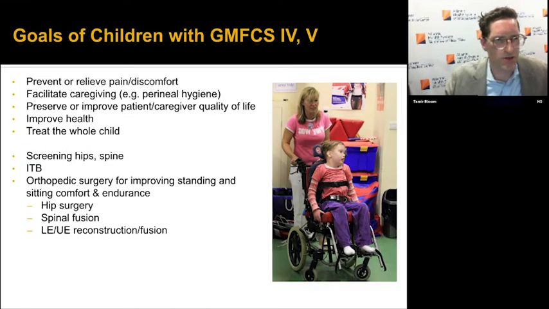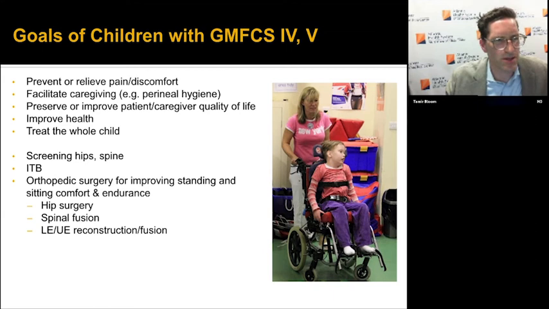Our goals in these patients are to prevent or relieve pain and discomfort, to facilitate caregiving, to preserve or improve the patient and caregiver quality of life. And we always want to have in mind their entire health status as well as the entire child, the other comorbidities as well as their caregivers.